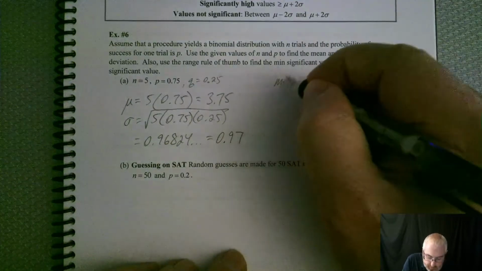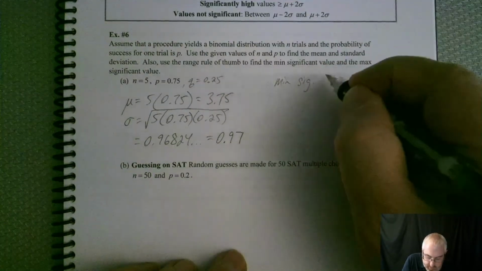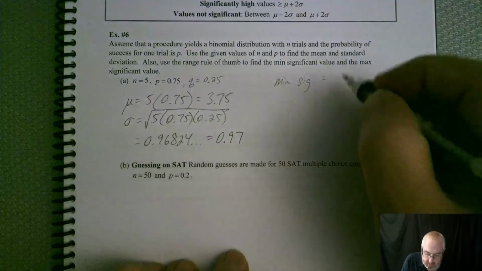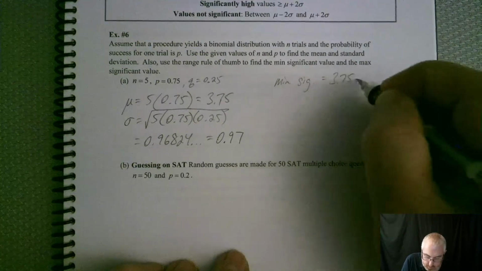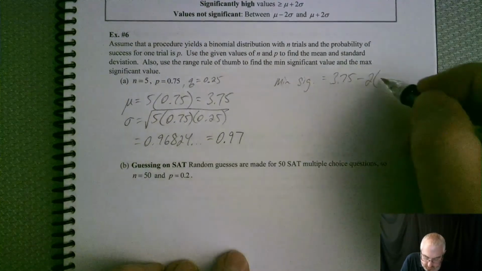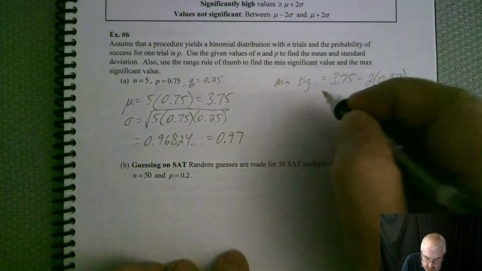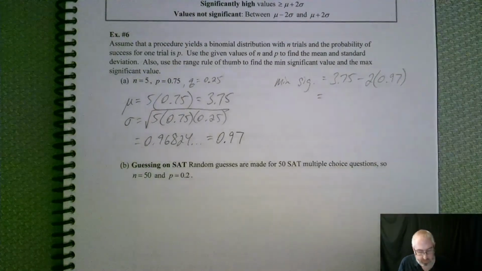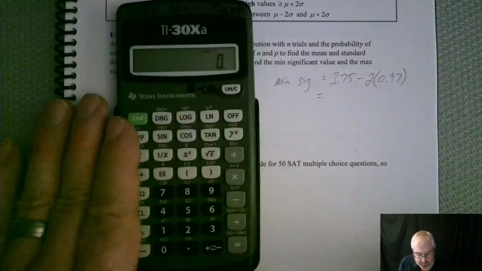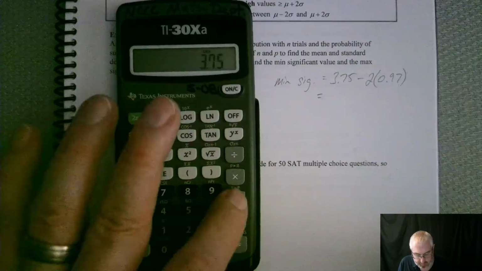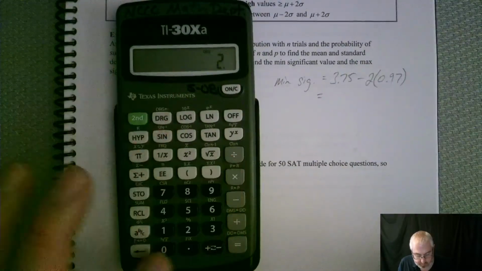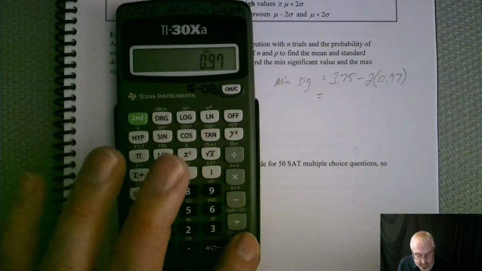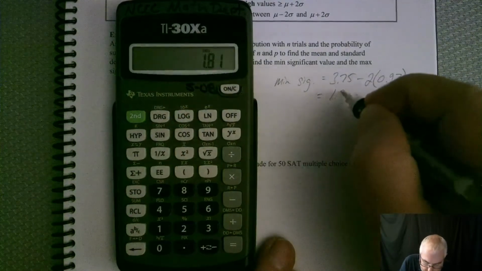All right, and now we can do our min significant, which is going to be the mean minus 2 standard deviations. So that should give us 3.75 minus 2 times 0.97, 1.81.